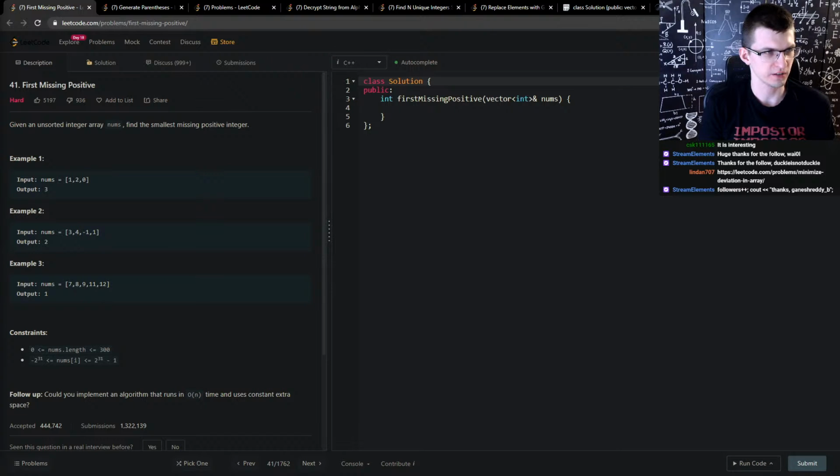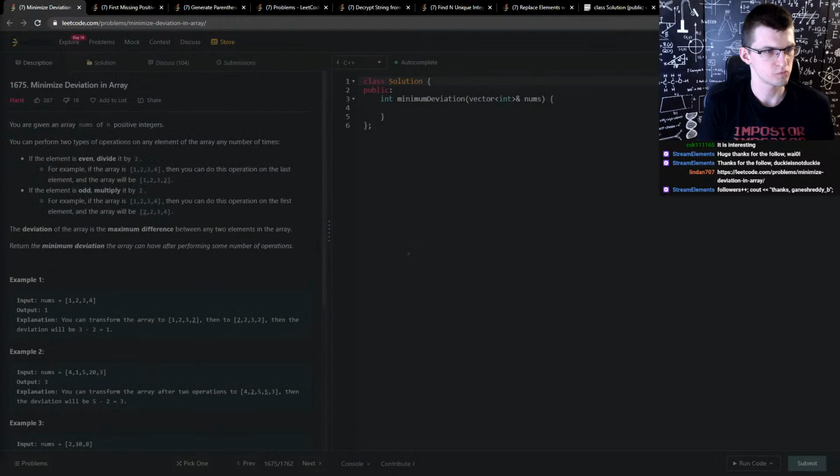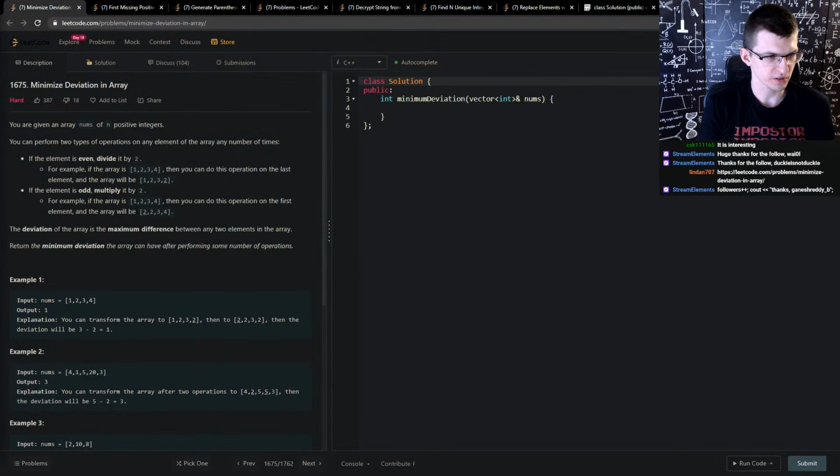Minimize deviation in array. What else? I'm scrolling the chat up. I don't need new suggestions. And I won't do code versus problems.